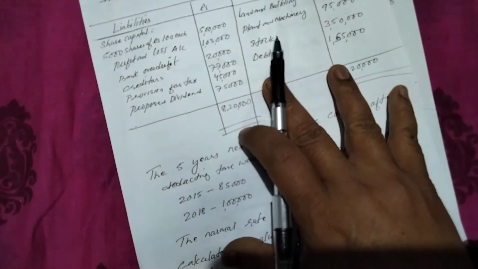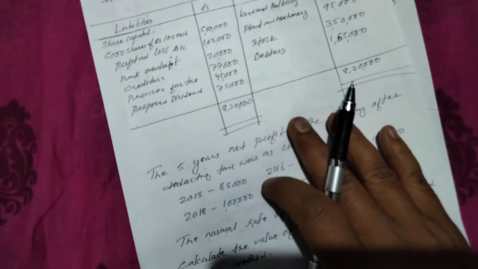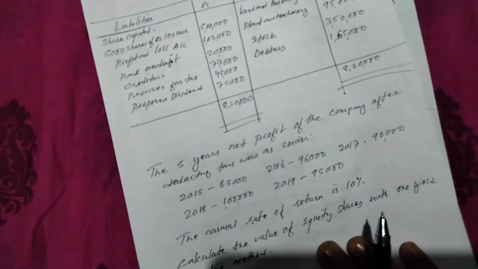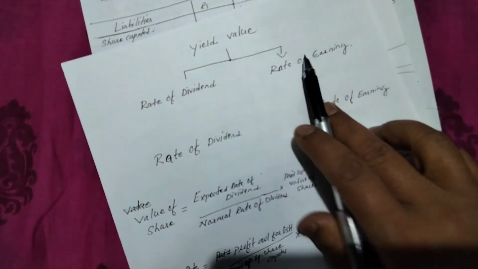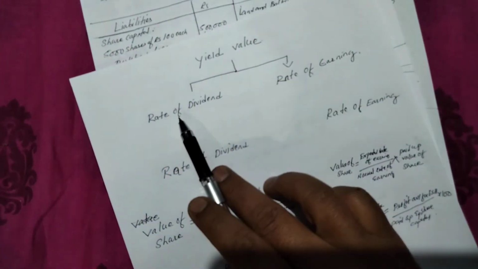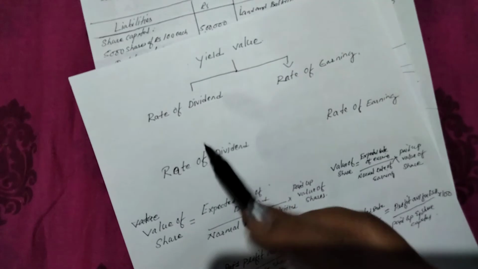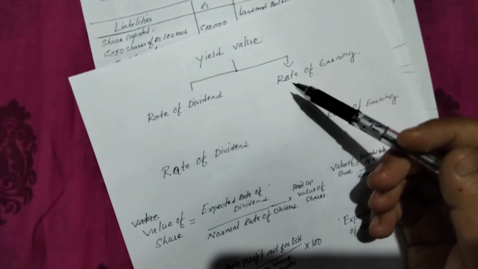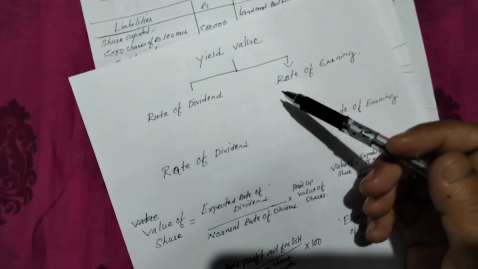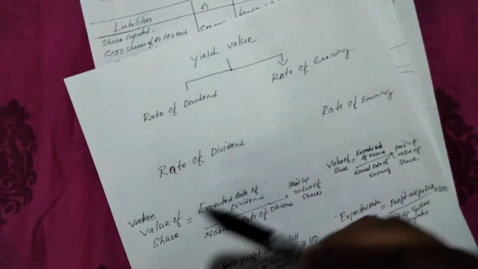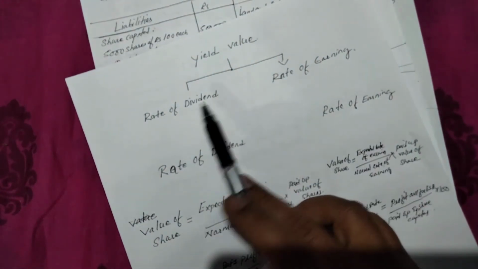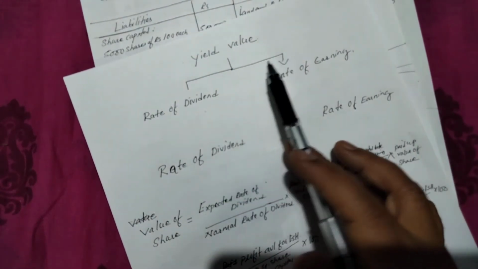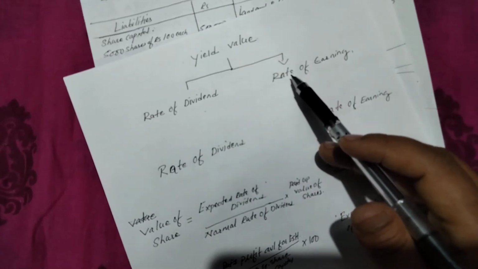So you have to find the value of share by applying the yield method. Nothing is mentioned here about which one. We have two methods in yield value, rate of dividend and rate of earning, and you have to choose. If dividend is written, you follow that method, but dividend is not written, only rate of earning is written.